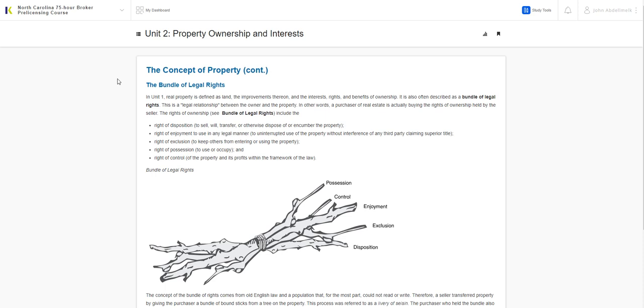So you have the right of disposition, which is basically the right to sell, will, transfer, or otherwise dispose of or encumber the property. Don't let the last word, encumber, confuse you.